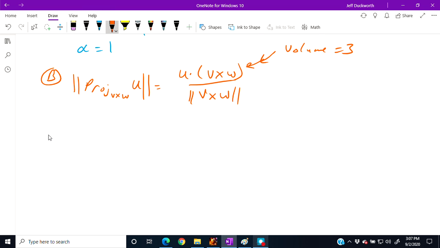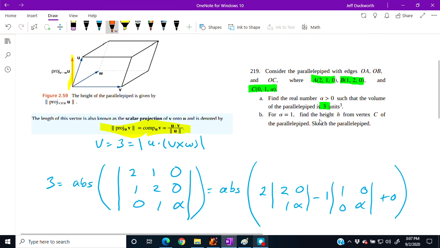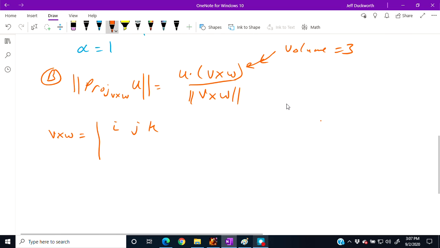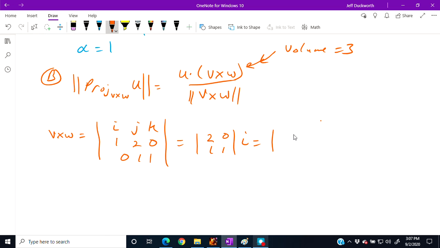So I'm going to calculate v cross w first. So we're going to use the determinant method. So 1, 2, 0, and 0, 1, 1. We're solving for this. This one's, excuse me, minus, not equal.